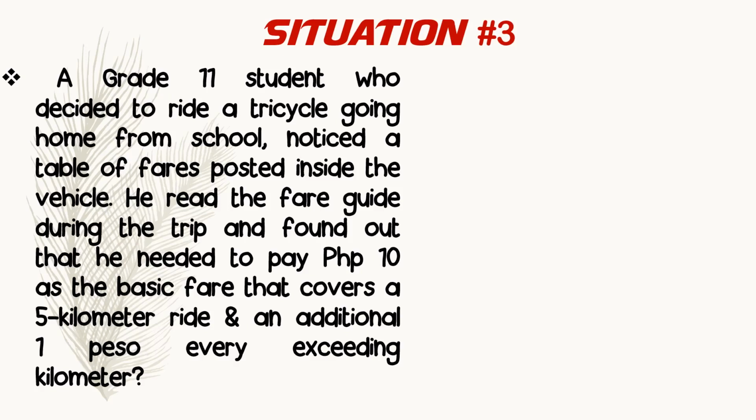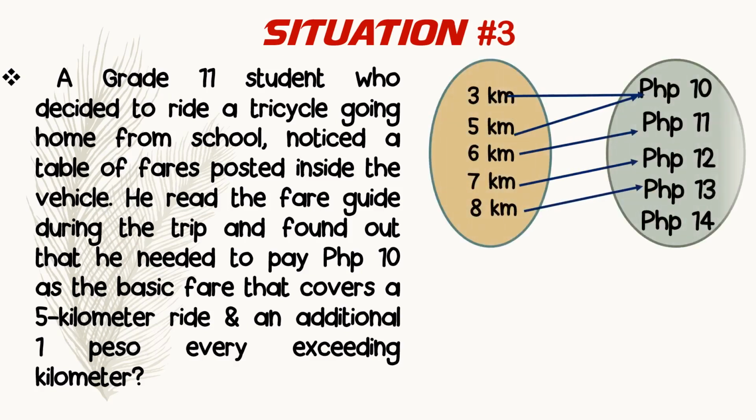So illustrating it using a mapping diagram, we have here for 3 kilometers, you're going to pay 10 pesos. For 5 kilometers, still you're going to pay 10 pesos. But if you cover 6 kilometers, that will give you 10 pesos plus the additional 1 kilometer, which is 1 peso, so you will have 11 pesos.